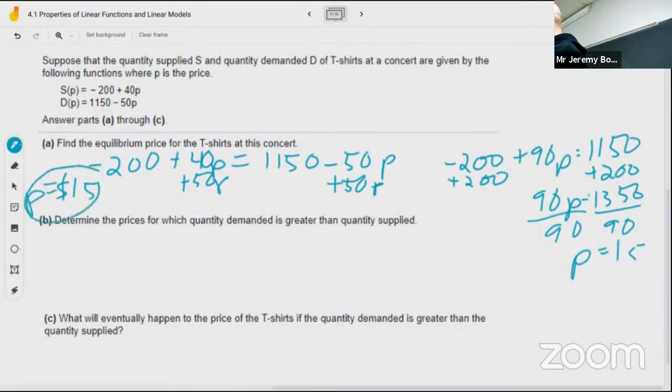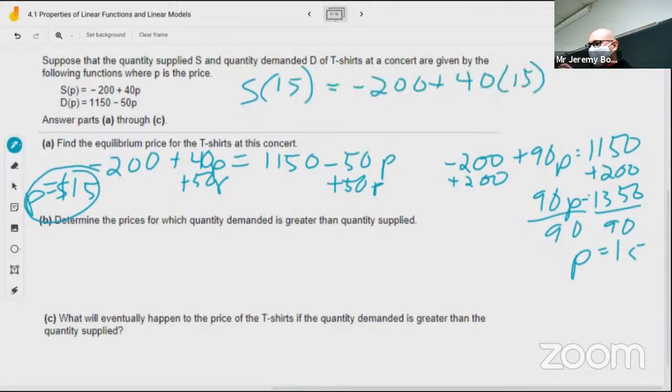So the equilibrium price will be $15. To figure out what the equilibrium quantity needs to be, we're going to plug that into one of them. I'll do S of 15, which will equal negative 200 plus 40 times 15. What's that? Negative 200 plus 40 times 15, 400.